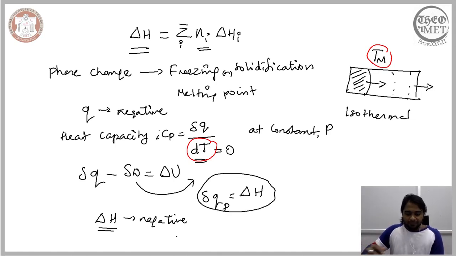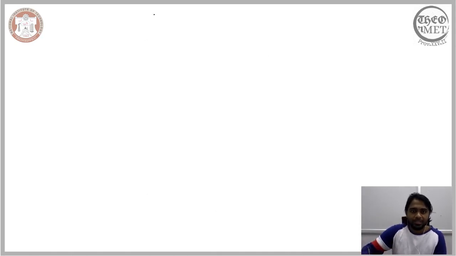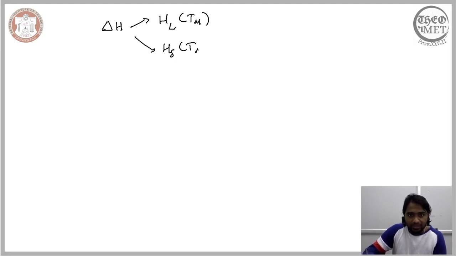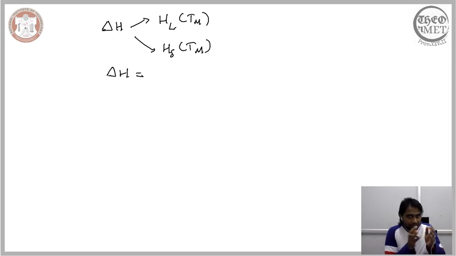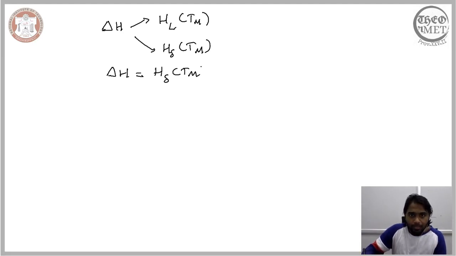If we assume that this delta H comprises two components, the enthalpy of the liquid at temperature Tm and the enthalpy of the solid at temperature Tm, then delta H will be the enthalpy of the final product minus the enthalpy of the initial product. So the final product here is the solid and the initial product here is the liquid.